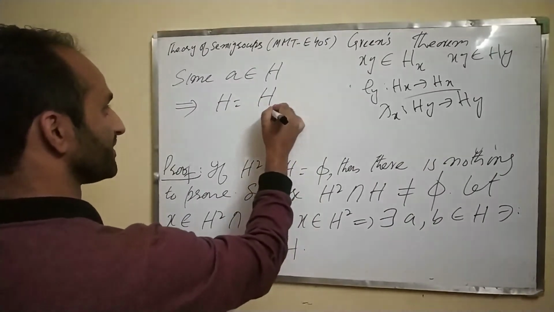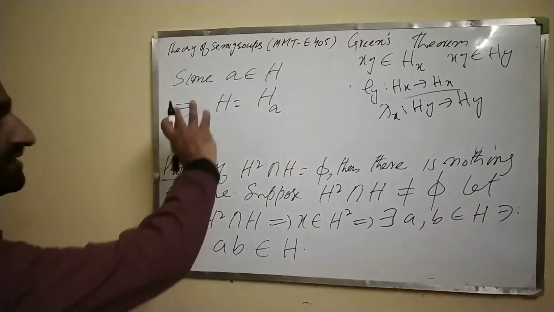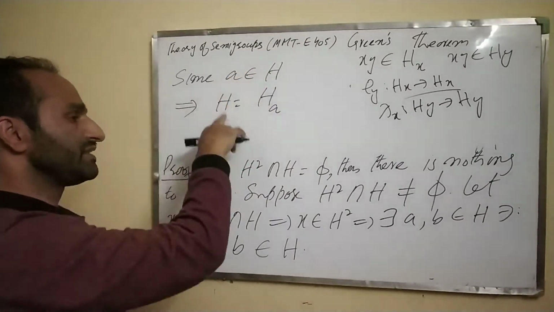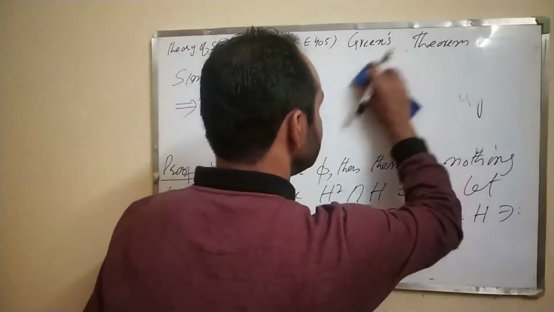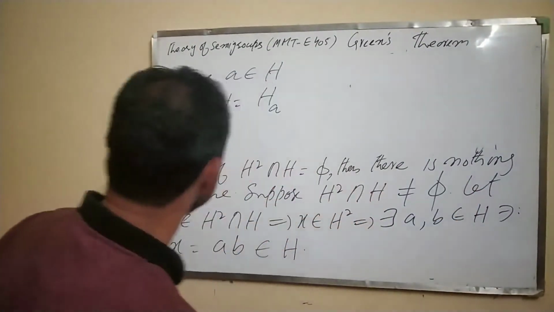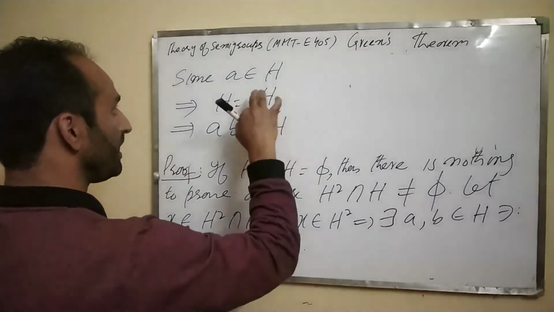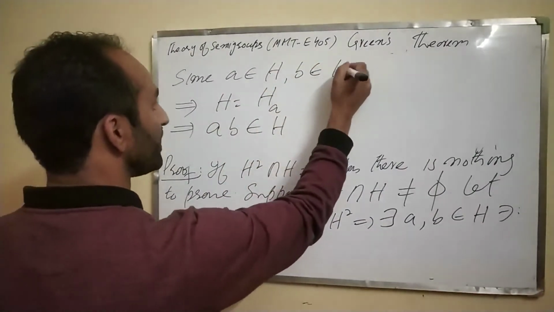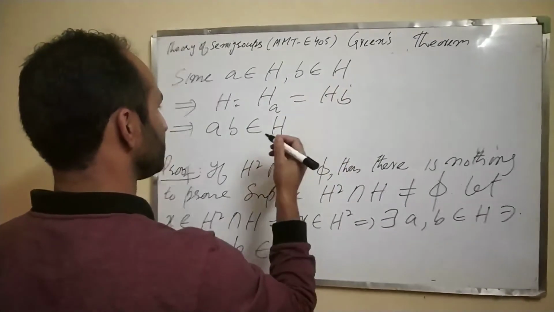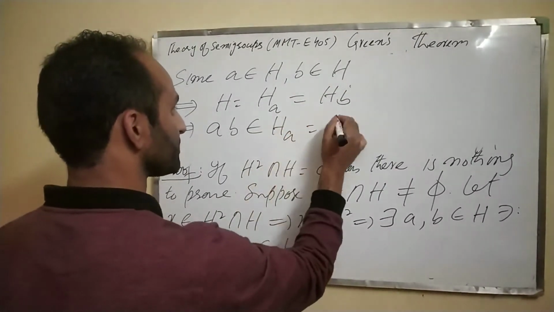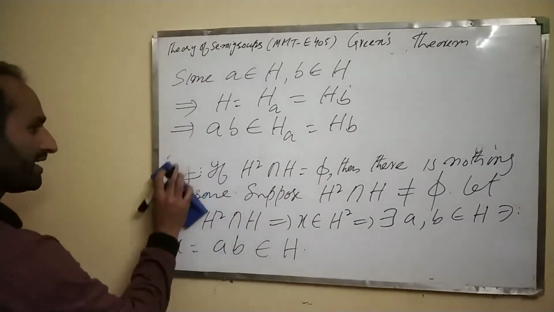Because A is in H, H class of A is equal to H. Now since AB belongs to HA, and also B belongs to H, this implies H is equal to HA is equal to HB. So AB belongs to HA, which is equal to HB. Now you can apply the previous lemma.